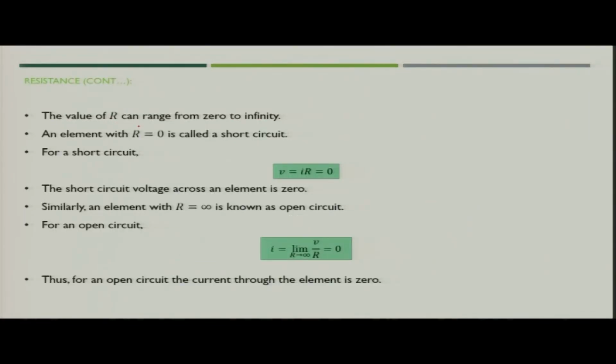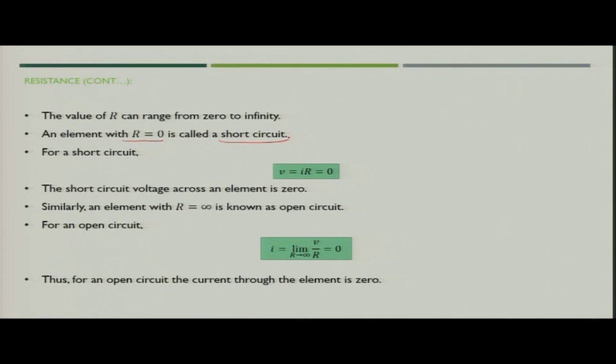Now, the value of resistance R can change from 0 to infinity. If the value of R is 0, it means that that particular element is a short circuit. Ideally, if you take an electrical wire, you assume that the value of R is 0, because if you connect that wire between two nodes, then the two nodes will be short circuited.